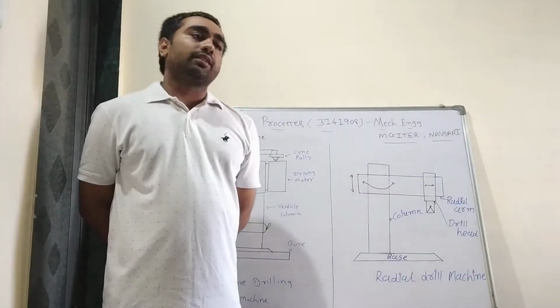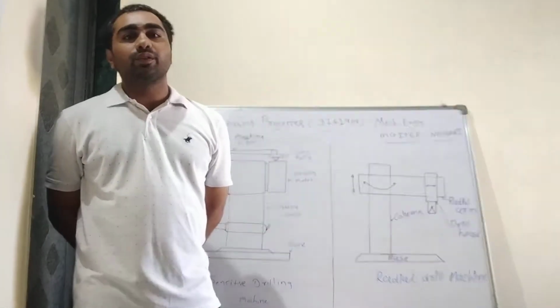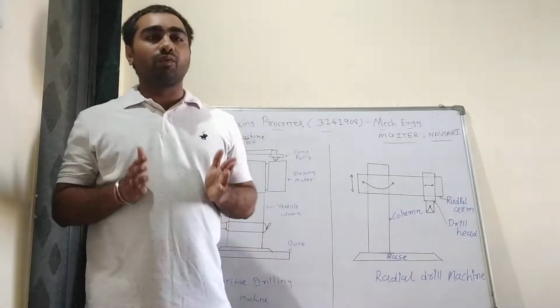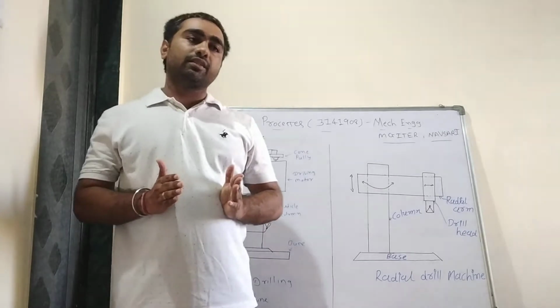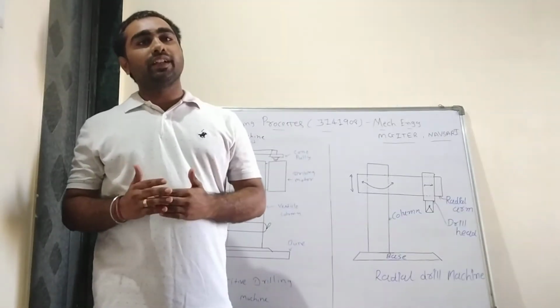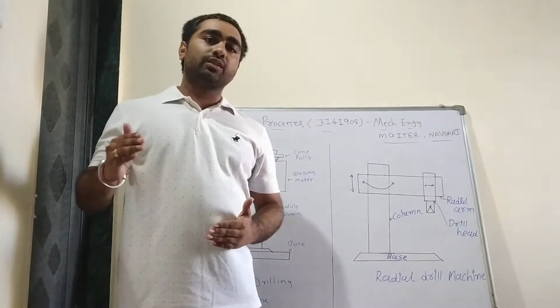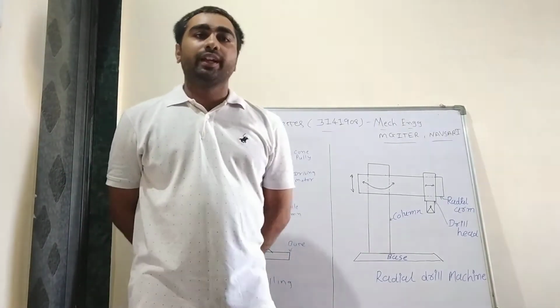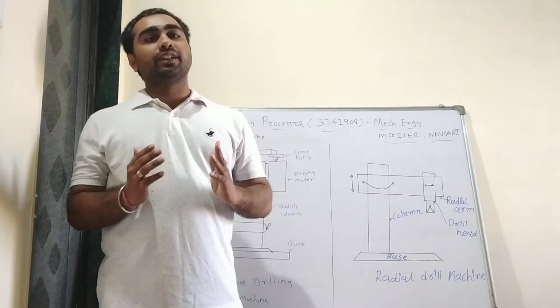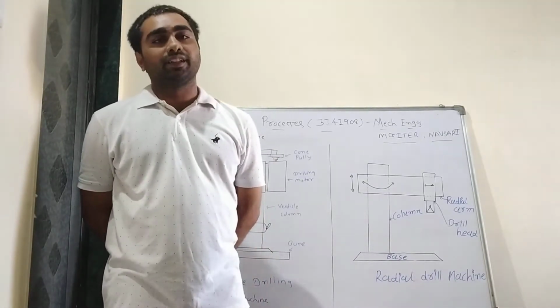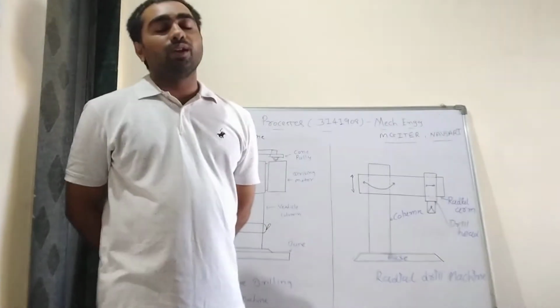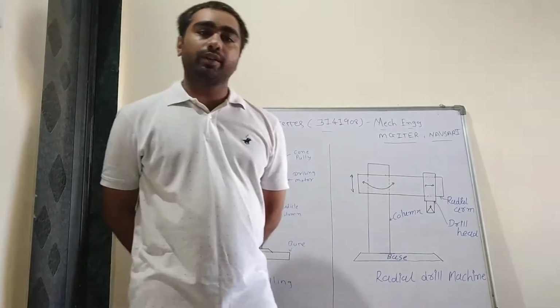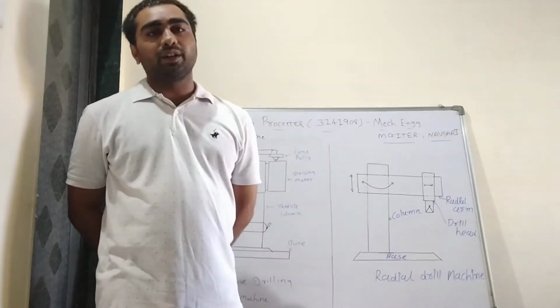There is no requirement for it to stay in one place; we can carry it by hand to work at another place. It is not a fixed machine, and it creates small holes. This is the portable drilling machine.